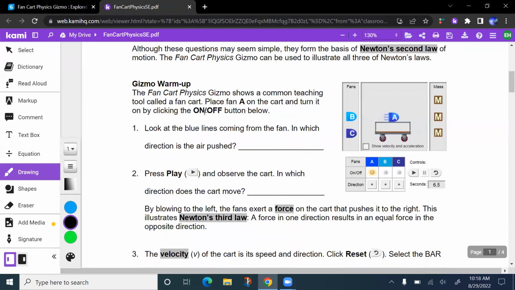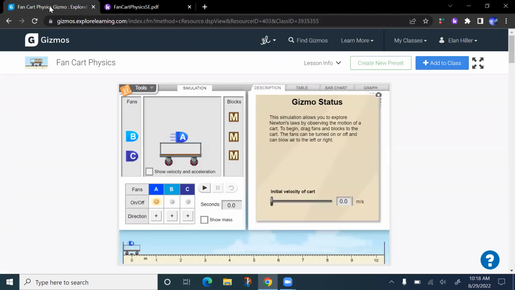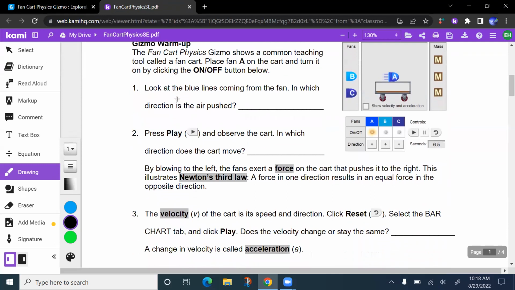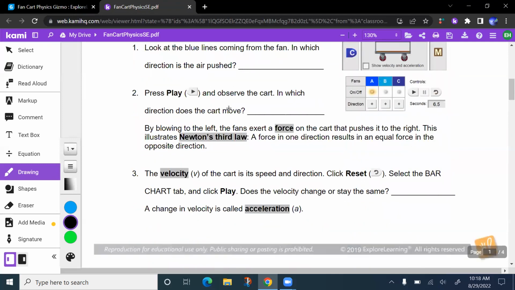Number two, press play, observe the cart. In which direction does the cart move? You can see the cart moving down below. And number three, once we click reset, we're going to select the bar chart tab and click play.